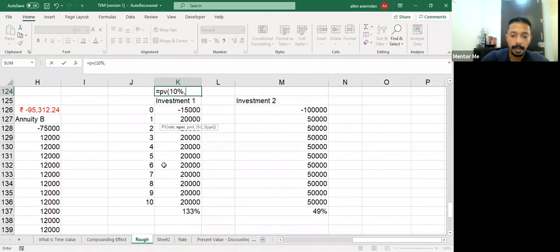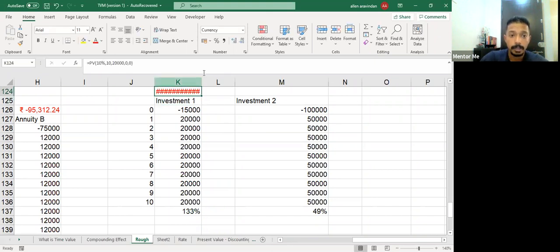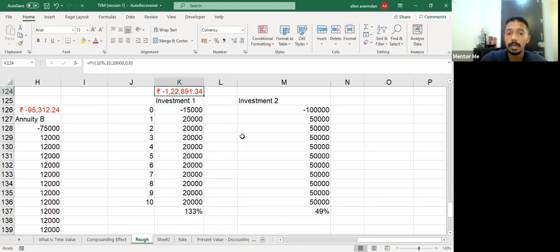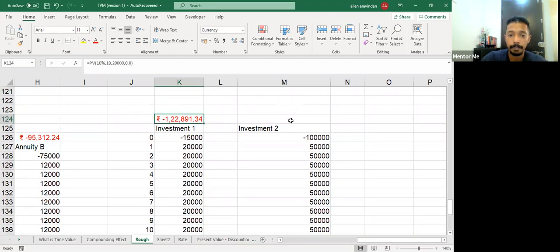And NPER is about 10, which we already know. And the PMT, which we're going to get, is 20,000. The future value is 0 and type is 0. So let's see what the present value turns out to be. It's about 122,891.